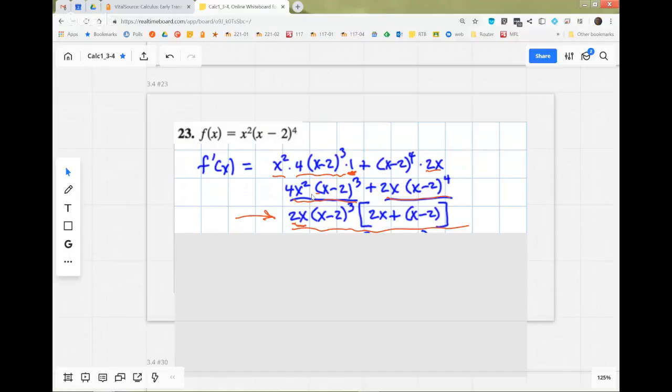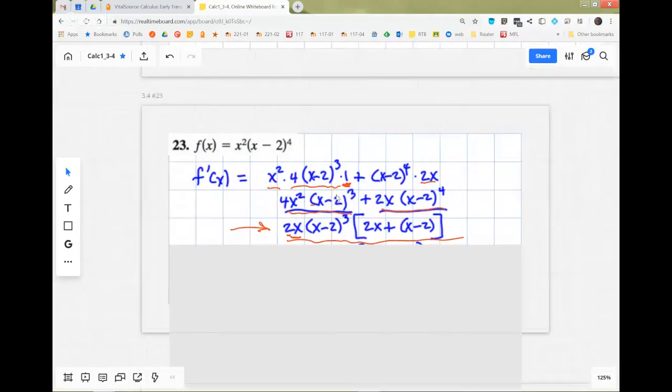We have 2 terms in this previous expression, very fat terms, separated by the plus sign. Is there anything in common between 4x squared and 2x? Yeah, there's a 2x that we can take, so pull that out. Is there anything in common between x minus 2 to the third and x minus 2 to the fourth? Yeah, x minus 2 to the third. So I pull those two things out.